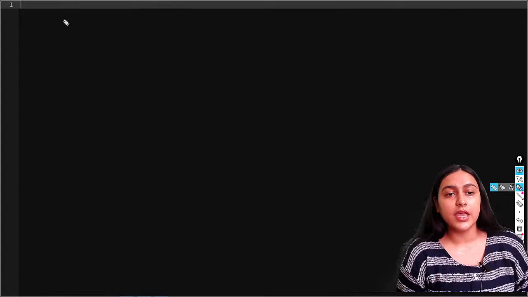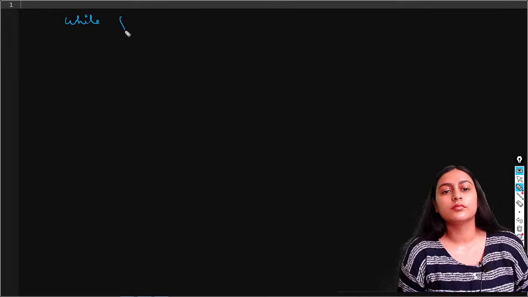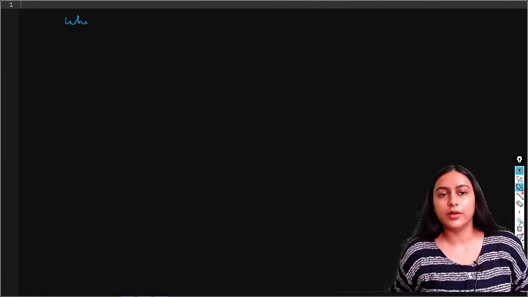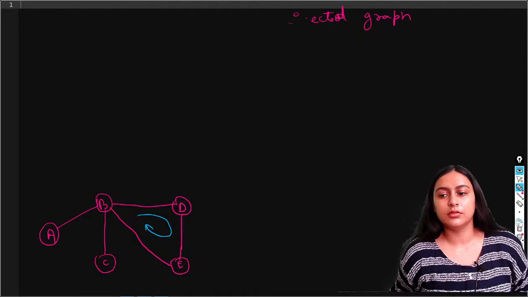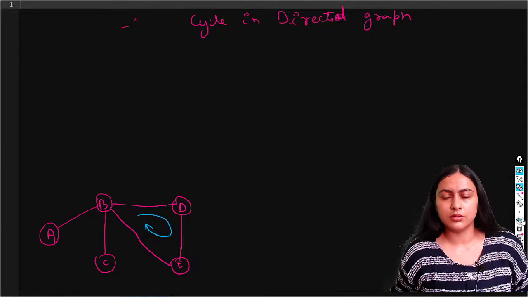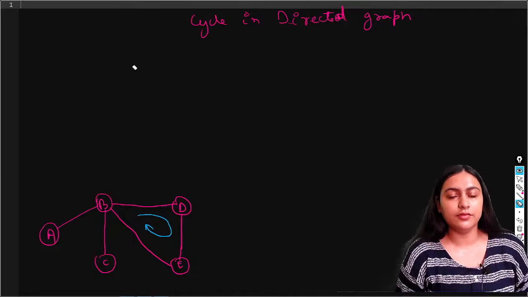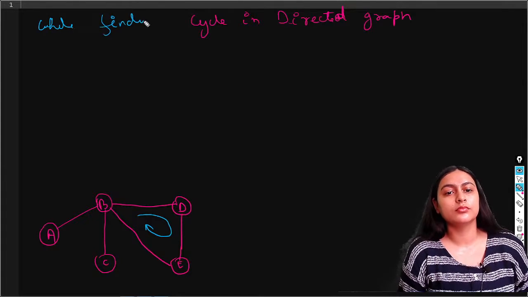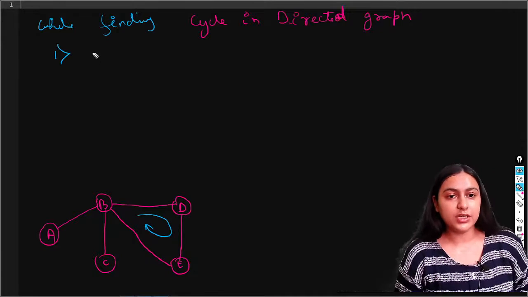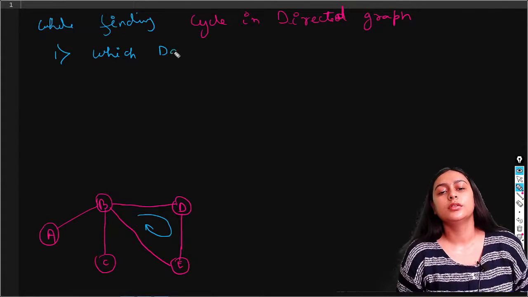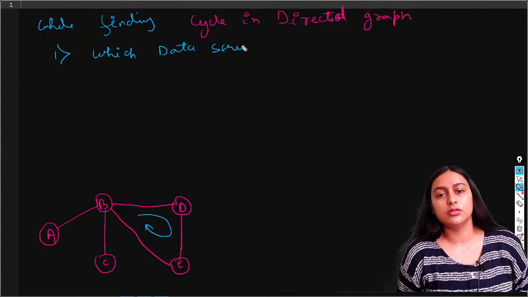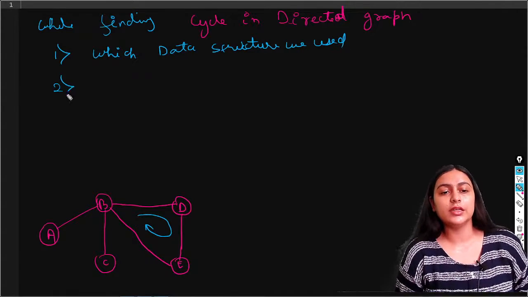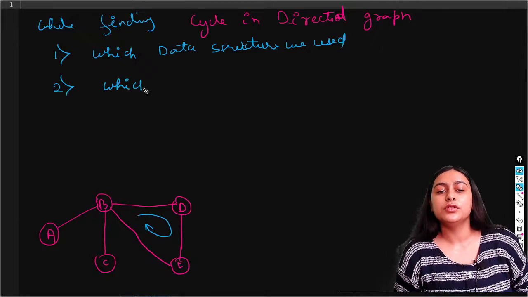Now the question for you guys is, while finding a cycle in a directed graph, number one, which data structure we used, and number two, which traversal technique we used.